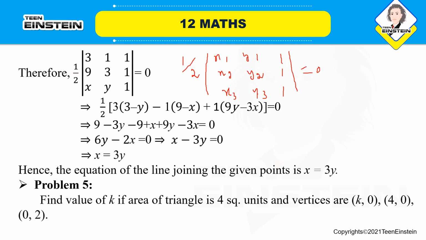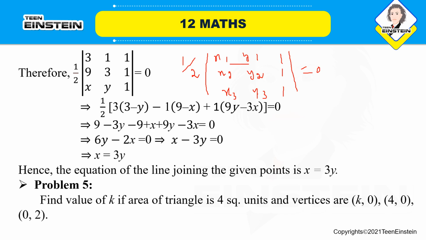So by using this, we have half into the first vertex (x1, y1) is (3, 1), the second vertex (x2, y2) is (9, 3), and the third vertex (x3, y3) is (x, y). The last column values are 1, 1, 1.